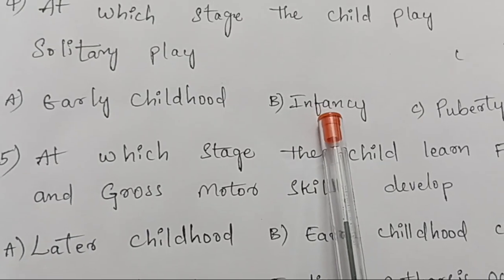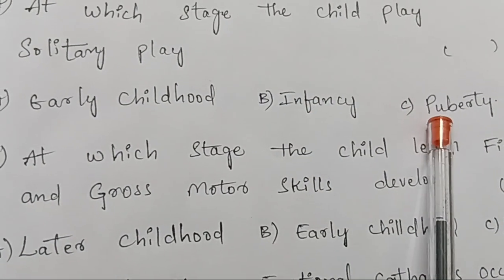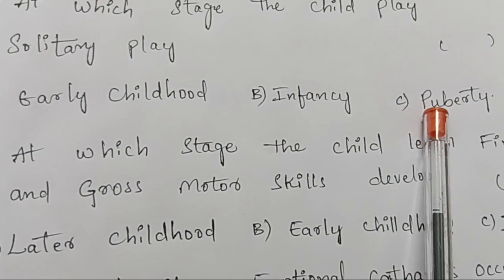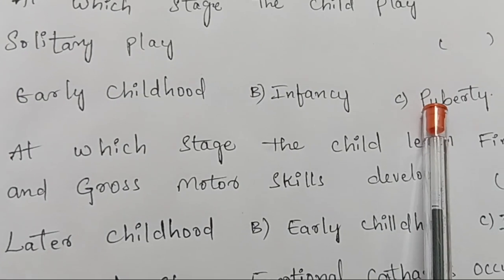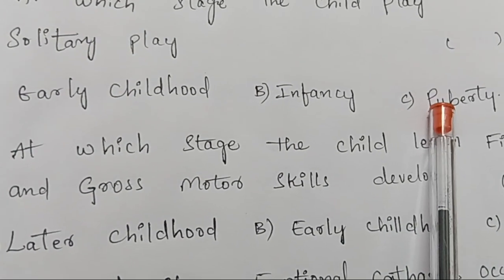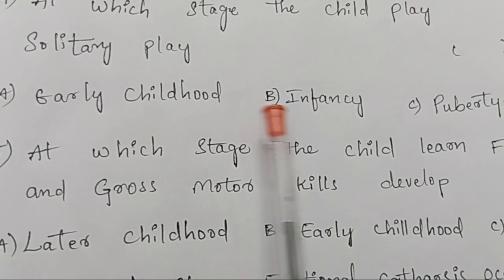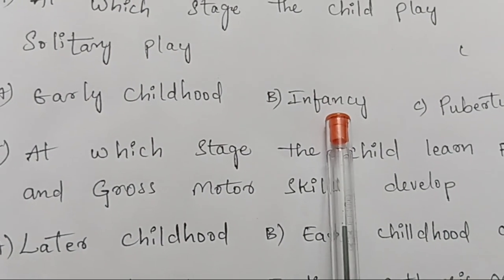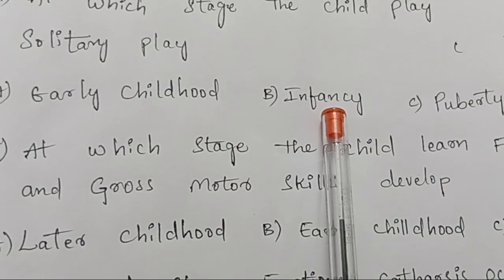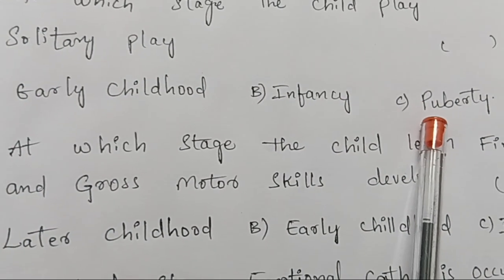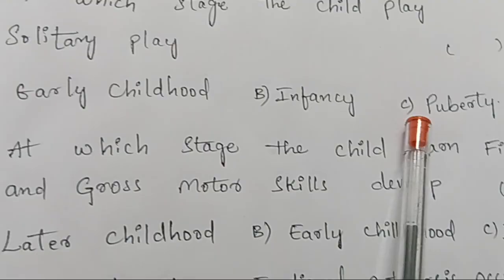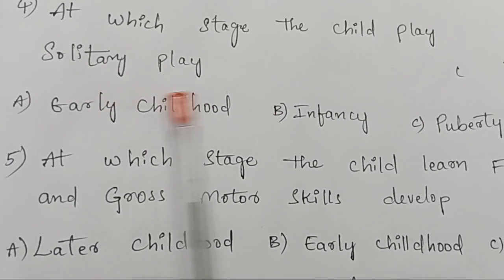Infants will play solitary play. Puberty is somewhat of a matured stage, right? Compared to these two years of the child, puberty is a somewhat matured stage. So the child won't play solitary play in the puberty stage.